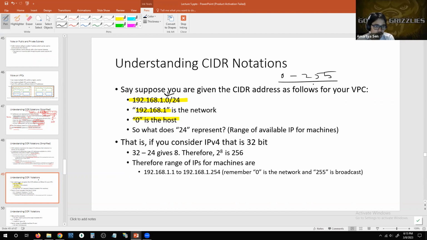If the values range from 0 to 255, then the last address will be the broadcast address. And essentially that is what the generic discussion is all about, that this 255 is mostly reserved for broadcasting purposes, right? But there can be situations where the range of values that you can use for a particular network or subnetwork does not go up until 255, right? It goes less than that.